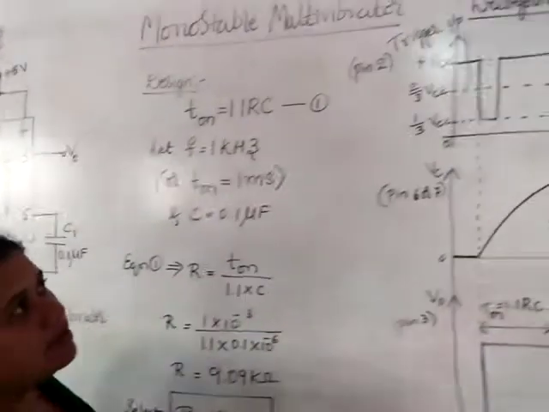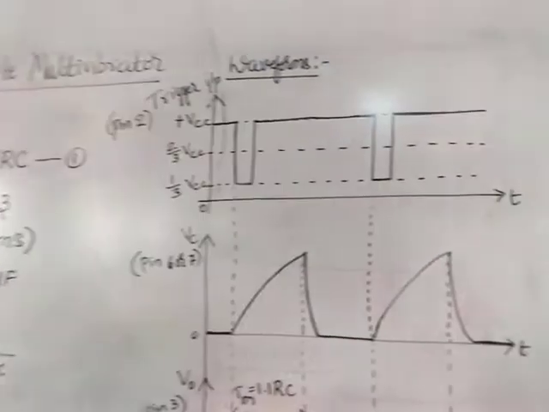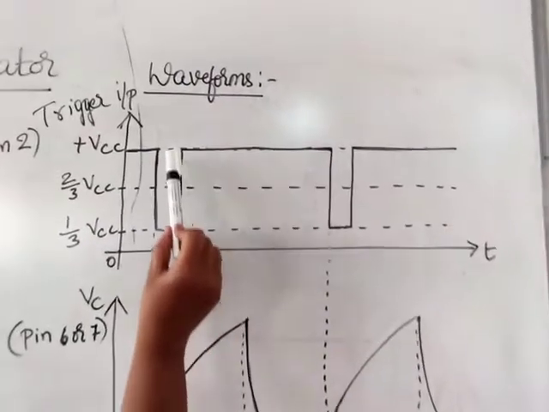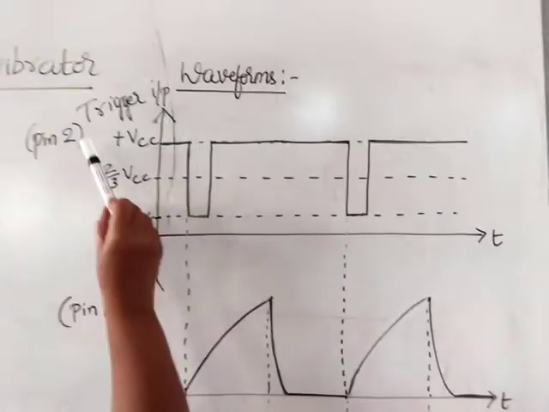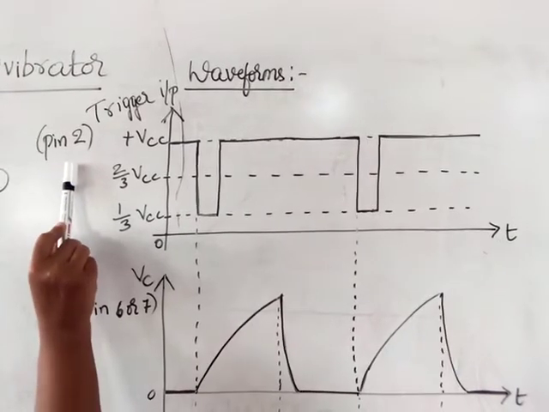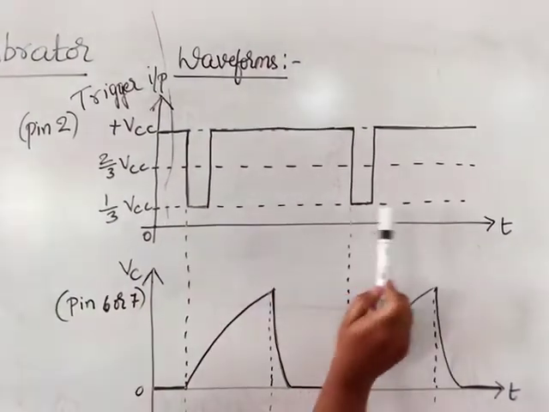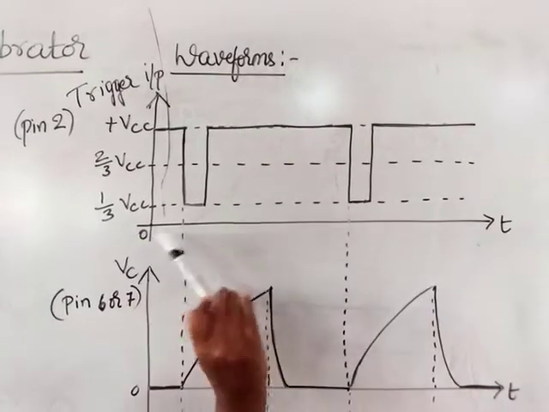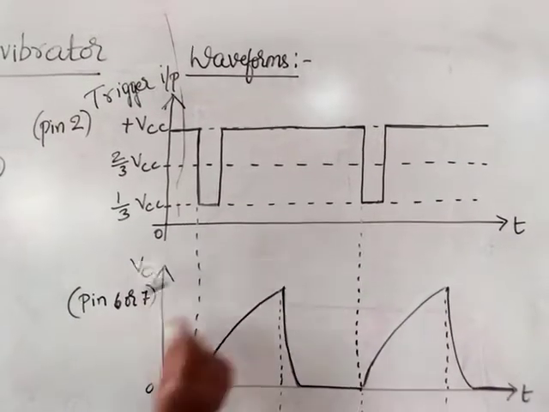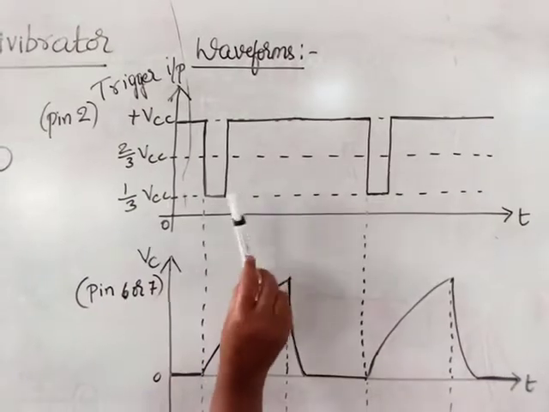Now let us see the input and the output waveform. The first is the trigger input, which is provided to pin number 2. We are directly providing the trigger input of frequency 1 kilohertz. We need not set any amplitude or anything.